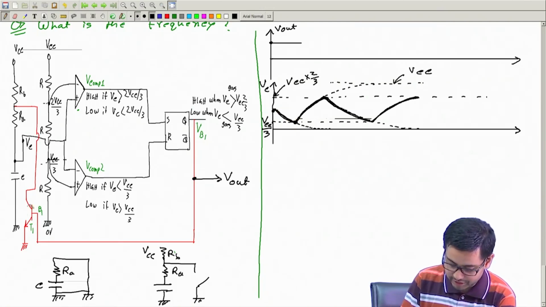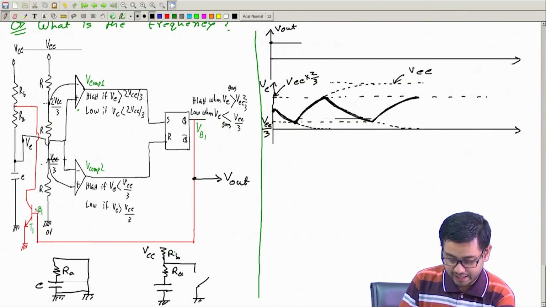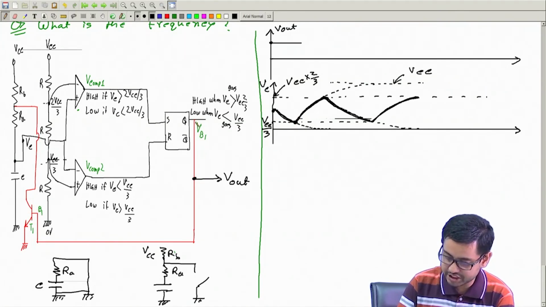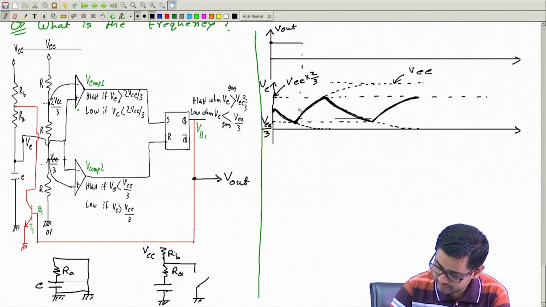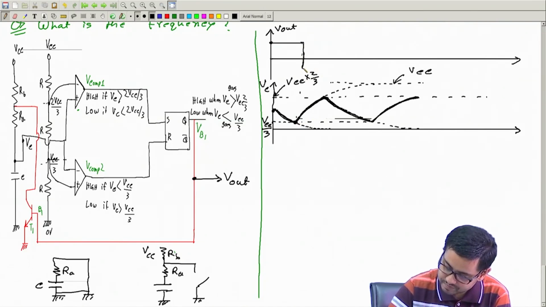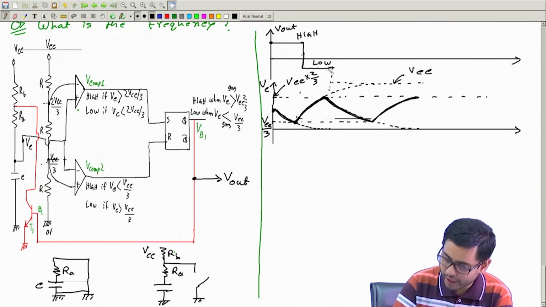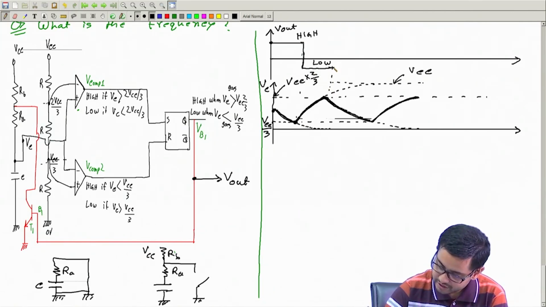It is discharging only because this transistor is on, and it is on only when this is high. So here definitely this is high, and then here it will be low, and that is why this is off, and therefore the capacitor is charging. And then here once again it will be like this.